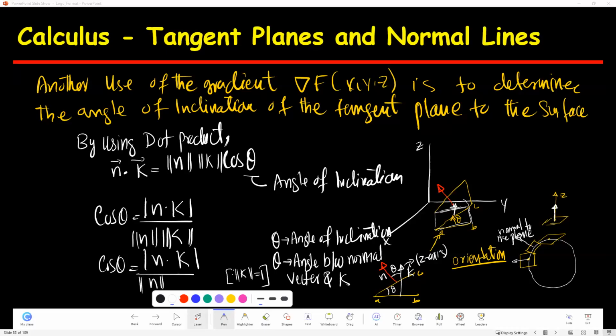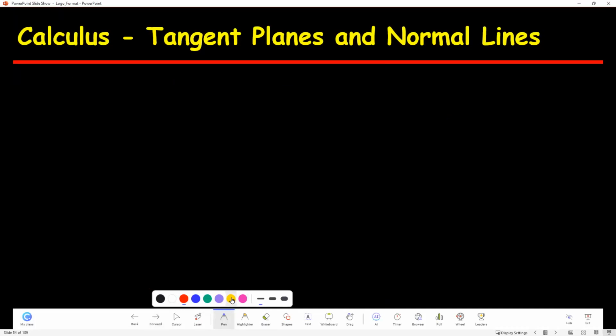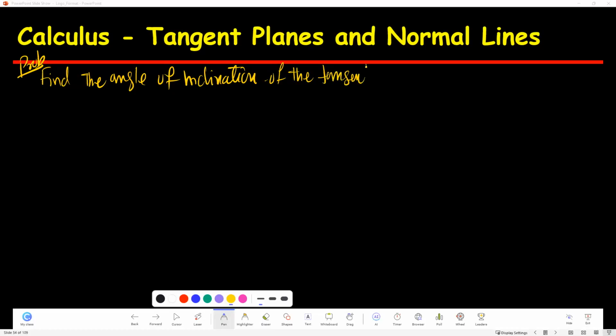K is a unit vector, so really this is my formula. In this example, find the angle of inclination of the tangent plane to the ellipsoid.